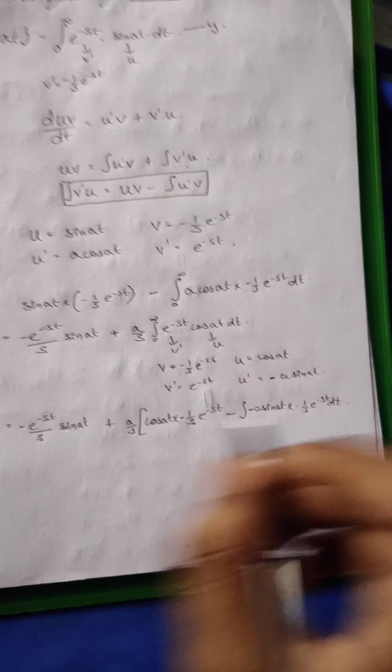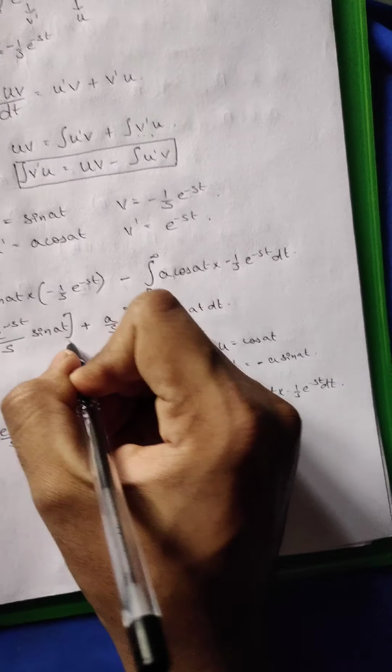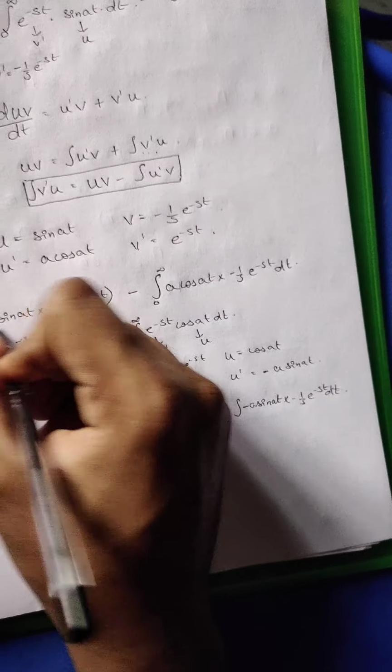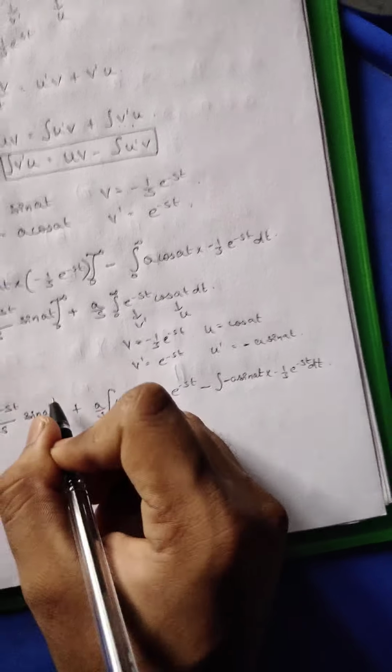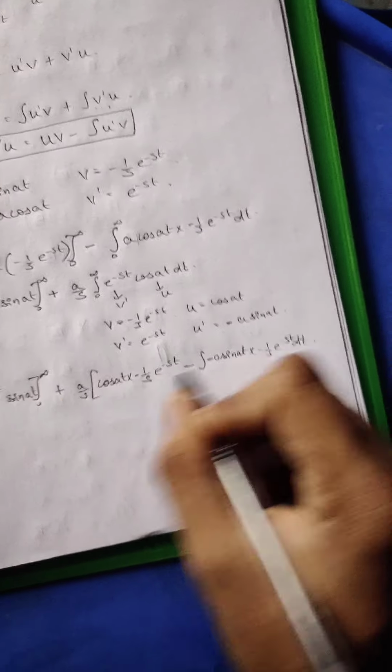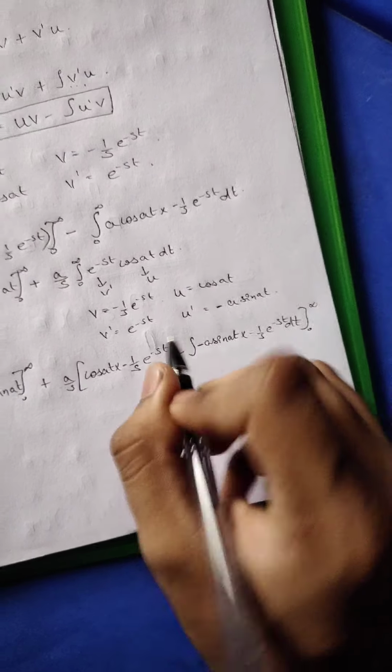Now we know we have to evaluate everything from 0 to infinity. Sorry, forgot to write it before. So let this be from 0 to infinity, and this whole thing is also from 0 to infinity.